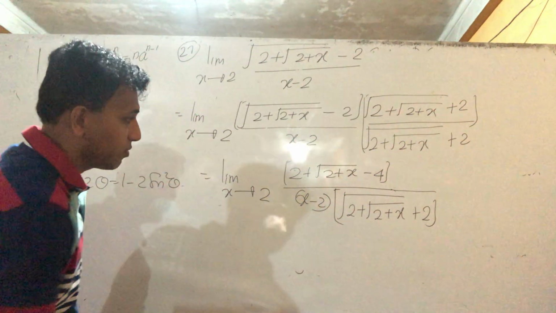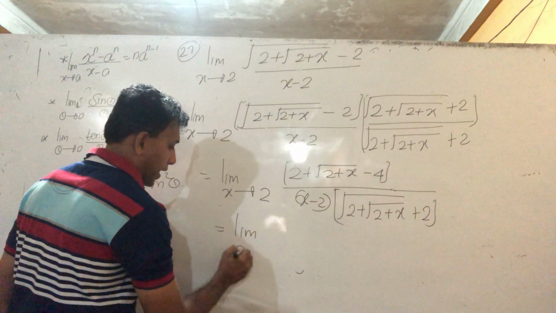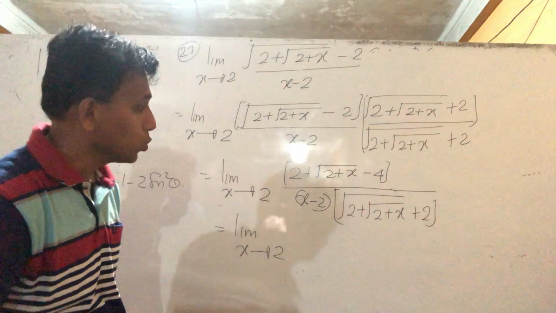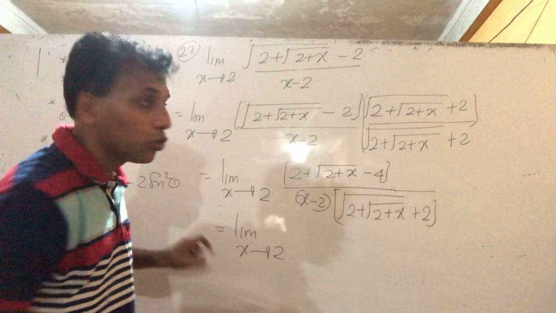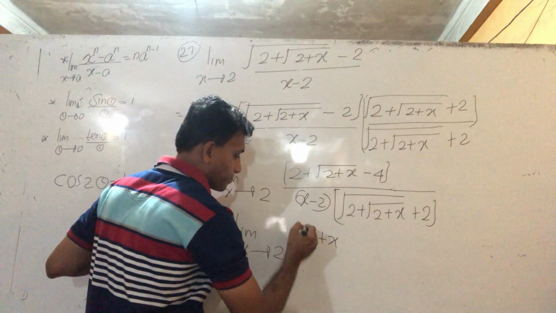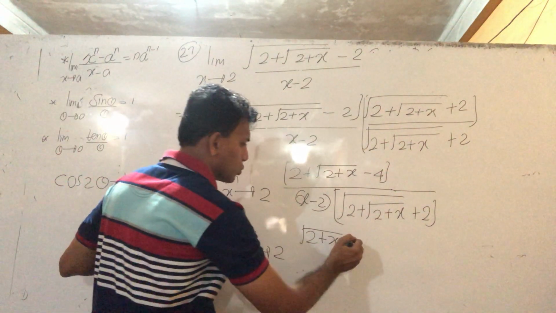Let's further simplify. Now limit x tends to 2, here square root of 2 plus x, 2 minus 4. What is 2 minus 4? Minus 2.